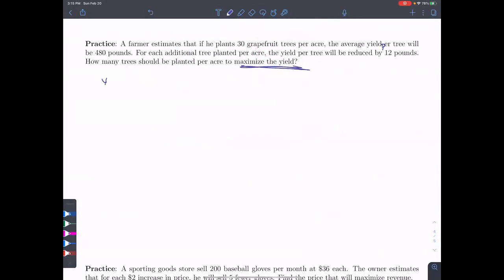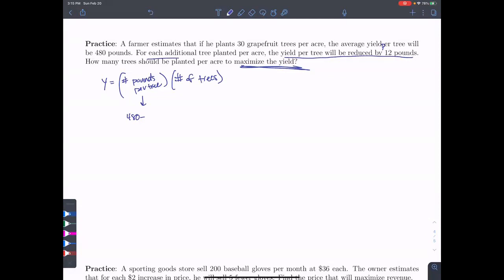So we're looking at the yield. Yield is going to be the number of pounds per tree times the number of trees. The number of pounds per tree is going to be 480 minus 12x, since the yield per tree will be reduced by 12 pounds for each additional tree planted.